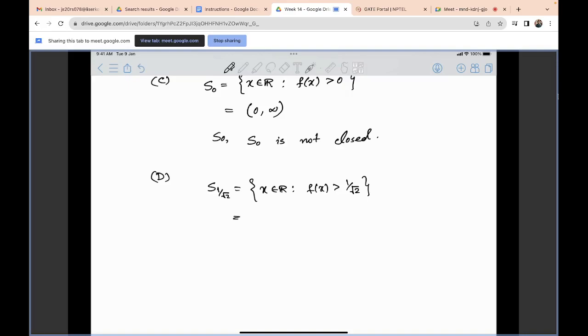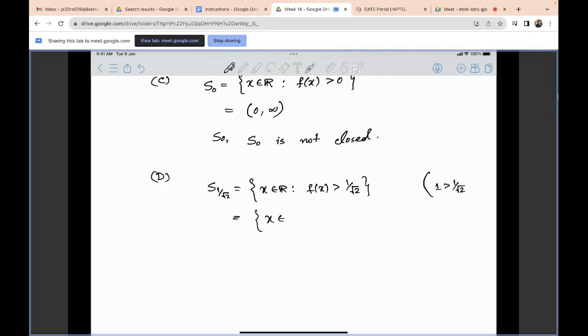Note that 1 is bigger than 1 by root 2, but half is not bigger than 1 by root 2, because root 2 is less than 2. So only the points where the function takes the value 1 are in this set.